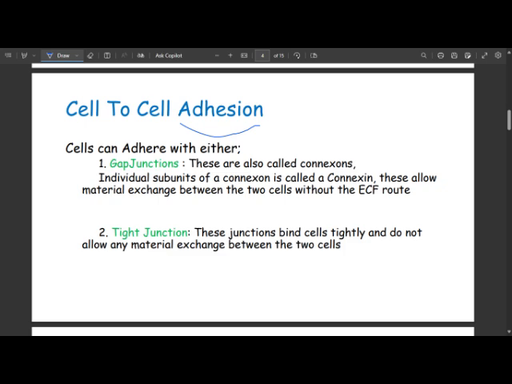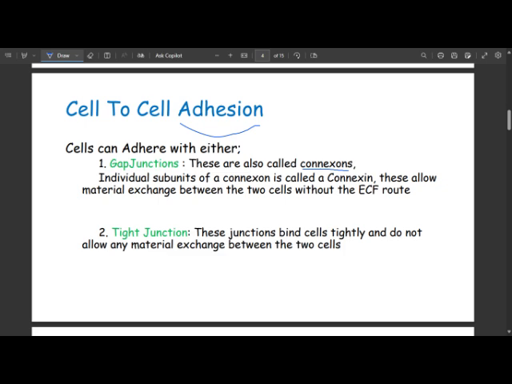Okay, that means the cells are able to communicate directly, they're able to exchange materials directly without having to pass through the extracellular matrix, without the materials having to go out of the cell, then into the other cell, but they can go directly from this cell to the next cell. Okay, and then these gap junctions are also called connexons. These connexons are made of six subunits known as connexins. Okay, so the individual subunits of a connexon are called connexins, and there are six of them in a connexon.